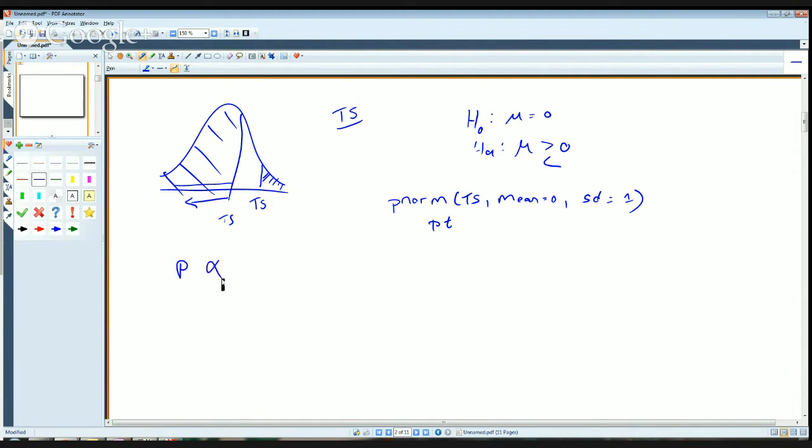If your p-value is less than your alpha level, you reject. If it's greater than your alpha level, you fail to reject. And if you're doing a two-sided test, you double your p-value before you do that comparison. Okay, so for p-values, there's no concern over whether you're using z 1 minus alpha or z 1 minus alpha over 2.